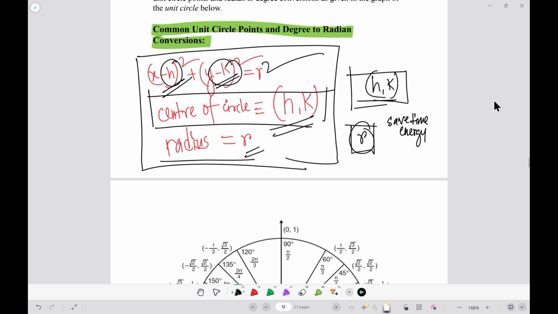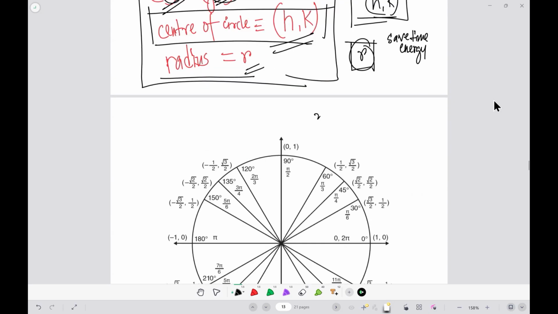For example, x minus 5 whole squared plus y plus 9 whole squared is equal to 25.